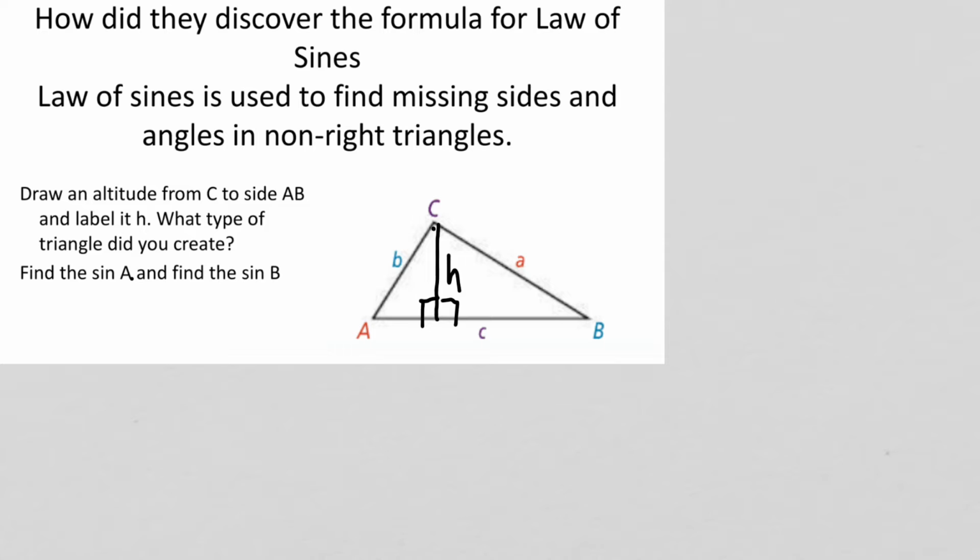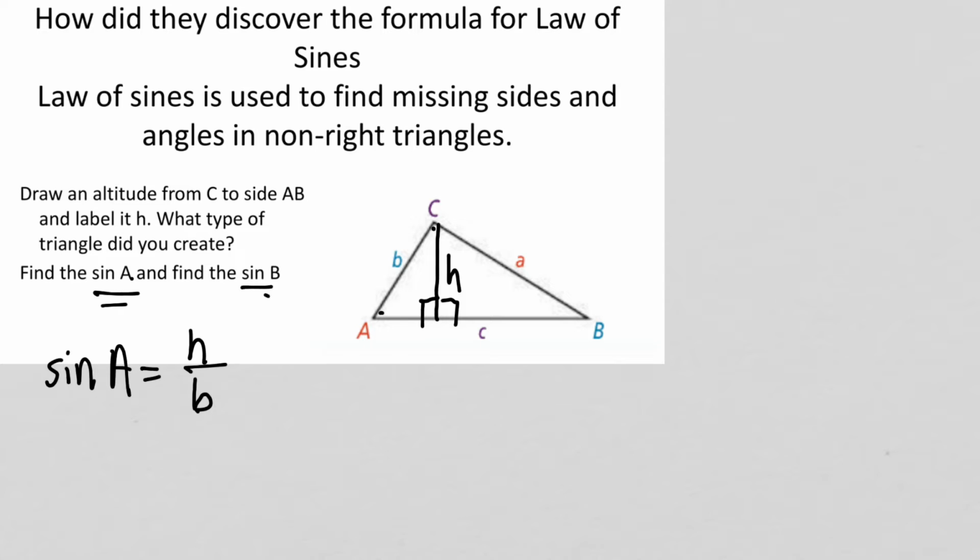Now, let us go ahead and find from the left triangle, sine of A. So I'm putting my point on A. Sine of A, now we're talking about what it is in letter form. So sine A is going to equal my opposite, which is the H, over my hypotenuse, which is the little b.